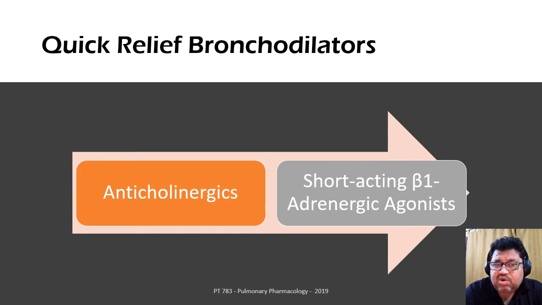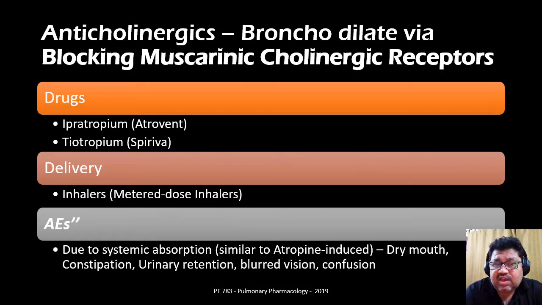Quick relief of bronchoconstriction is achieved by two categories of drugs. One are anticholinergics, and the second one is short-acting beta-1 adrenergic agonists. Anticholinergic drugs bronchodilate by blocking the muscarinic cholinergic receptors.